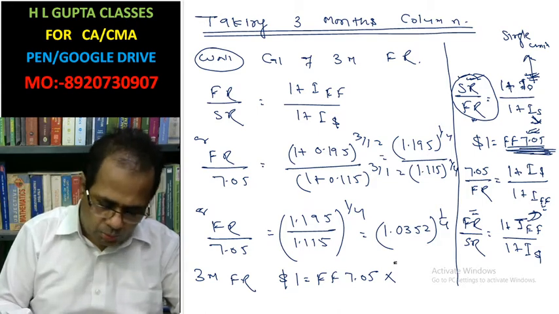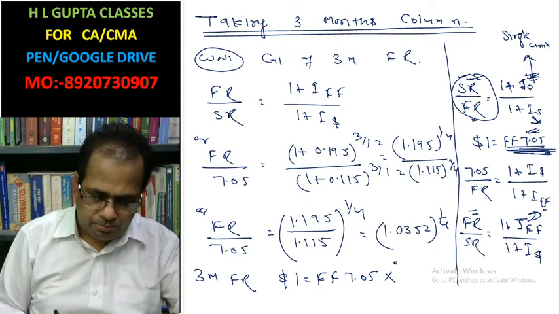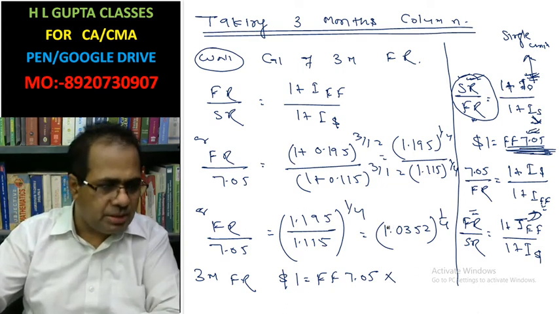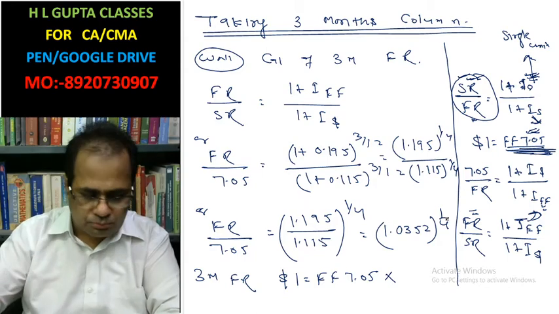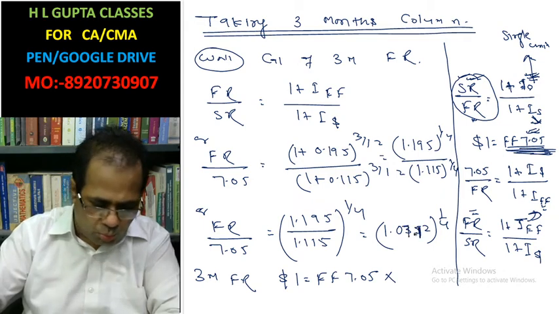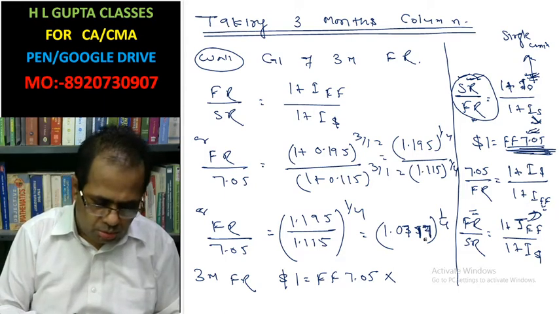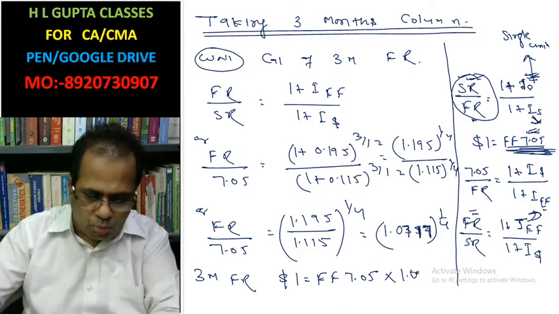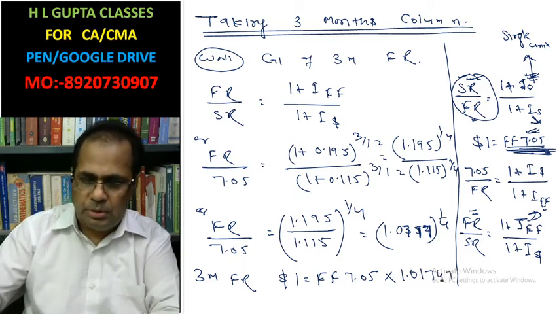1.195 divided by 1.115, 1.07. This is wrong. 1.0717, 2 times root, 1.01747.